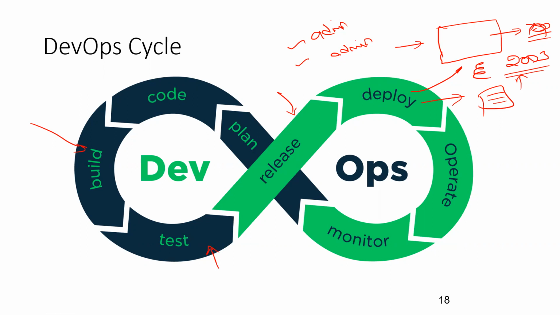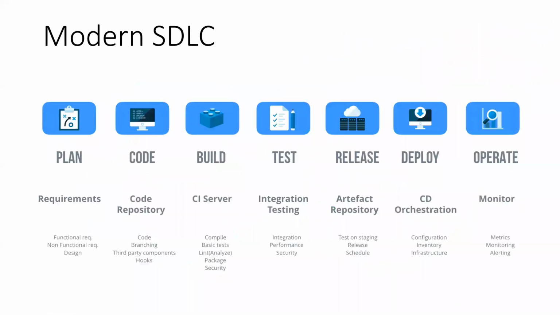That means in the planning phase, at the time of gathering the functional requirements, I need to implement security. At the time of implementing the non-functional requirements, I need to implement security. At the time of designing the application, I need to implement security. When you're coding the application, you need to implement security.